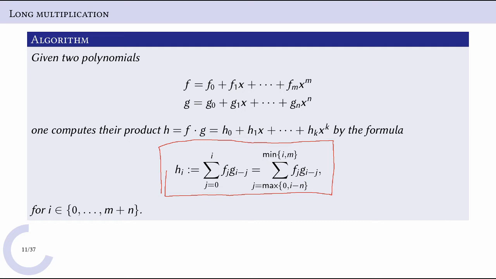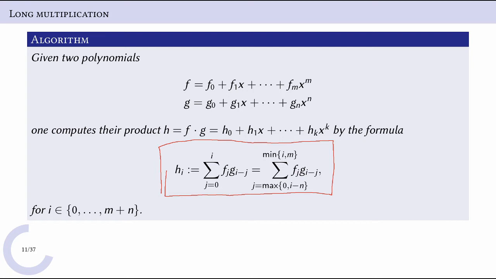But let me do one example just to show the complexity of this multiplication, because in a moment you will see that there is a better way of multiplying polynomials. While for addition and subtraction we have no way to improve, they both were linear in terms of number of coefficients and nothing can be improved there, for polynomials actually there is room for improvement.